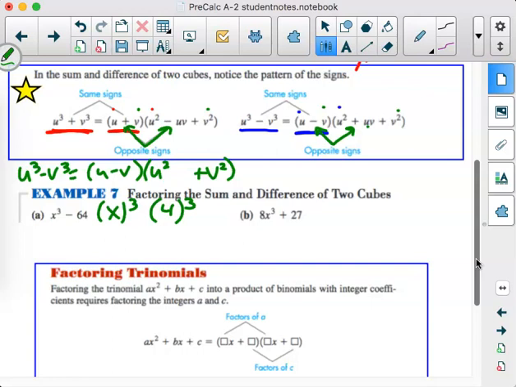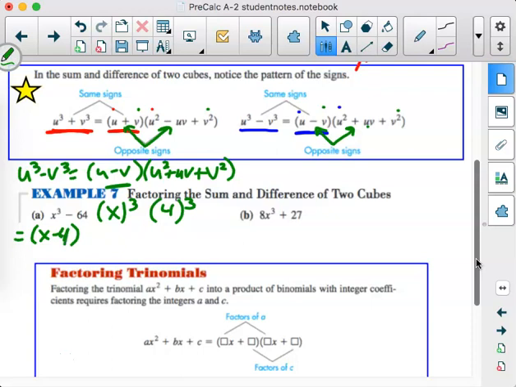But that's probably going to give me a middle term when I do that. So what I have to do is figure out how to get an opposite middle term in this one. And that would be plus uv, and that's because this one already had a minus in it. So now what I do is I just substitute in x for u and 4 for v.